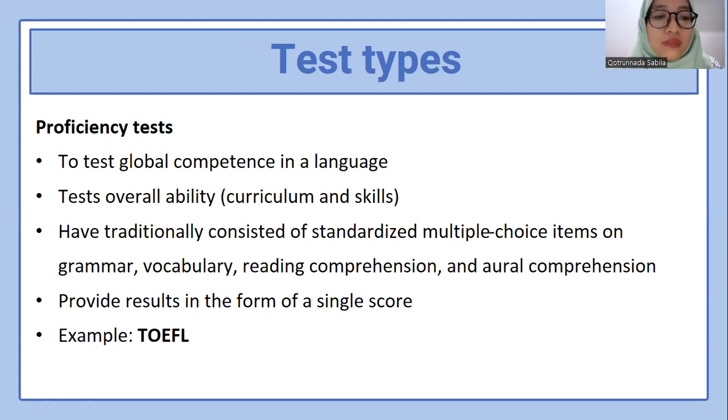Proficiency tests have traditionally consisted of standardized multiple-choice items on grammar, vocabulary, reading comprehension, and oral comprehension. Proficiency tests are almost always summative and norm-referenced. They provide results in the form of a single score, which is a sufficient result for the gatekeeping role they play of accepting or denying someone passage into the next stage of a journey.